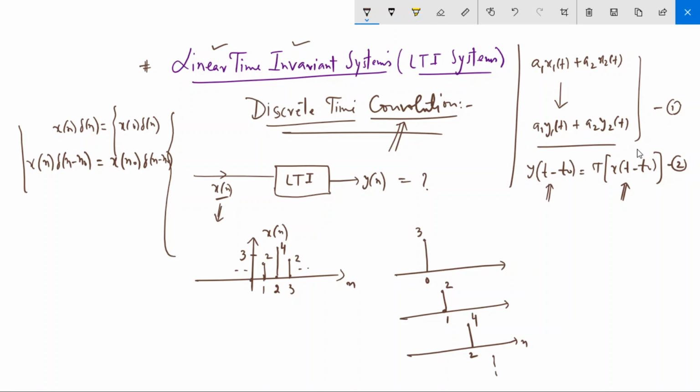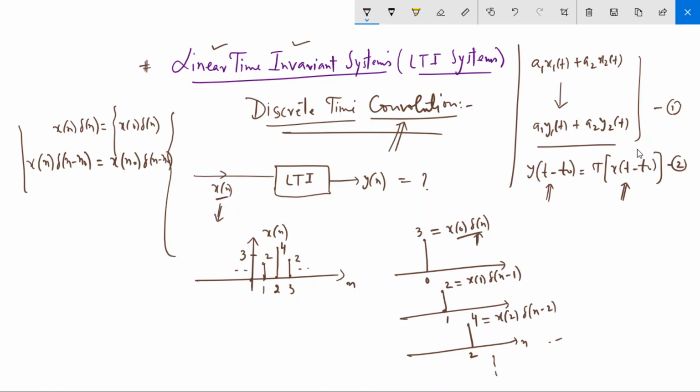Okay, so this sample 3, which is the sample of the signal at 0, can be written simply as x of 0 into delta n. This can be written as x of 1 into delta n minus 1, and this can be written as x of 2 delta n minus 2, and so on, because delta n is present only at n is equal to 0, and at n is equal to 0 it is 1.